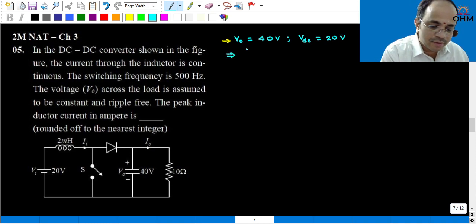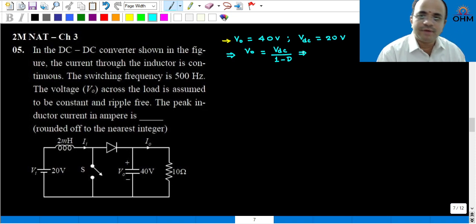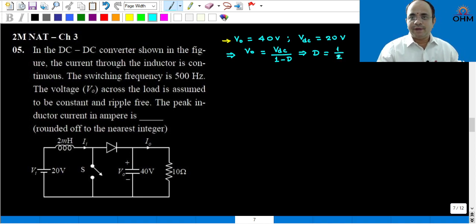Therefore, for the boost converter, the equation will be under continuous conduction V0 equals VDC divided by 1 minus D. By substituting these numbers, you will get duty cycle ratio of 1 by 2 or 0.5. Because input voltage 20 and output voltage is double, therefore duty cycle ratio will be obviously 50% in case of boost converter.